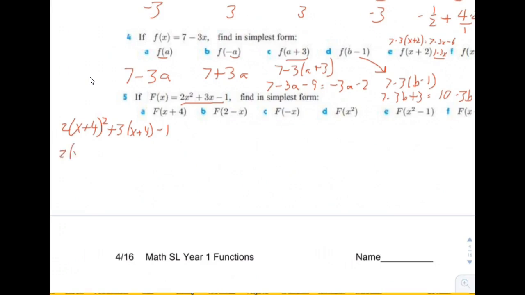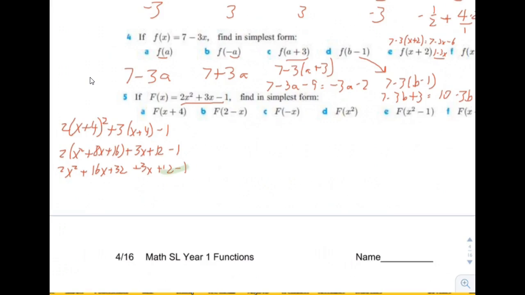So this one's going to be 2x squared plus 8x plus 16 plus 3x plus 12 minus 1. 2x squared plus 16x plus 32 plus 3x plus 12 minus 1. So let's see, let's combine like terms.